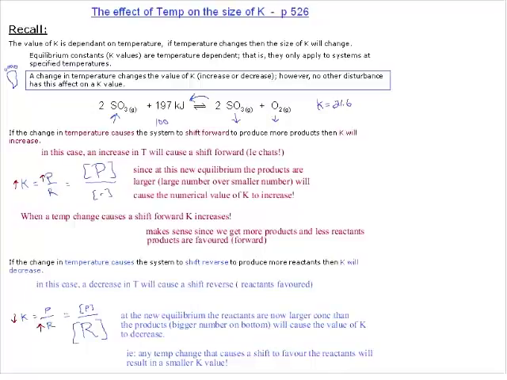And the effect of that, of course, is that we're now dividing by a bigger number. We're going to end up getting a fraction, a decimal number. Therefore, any temperature change that favors more reactants is going to cause K to get smaller. Now remember, I'm going to put a little note here, only because of temperature changes.